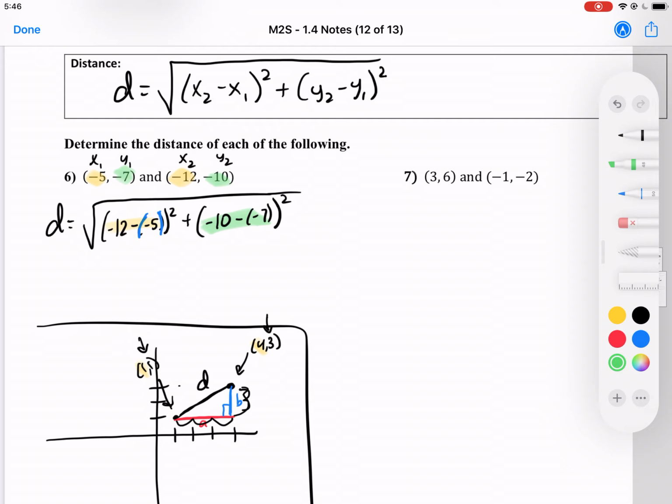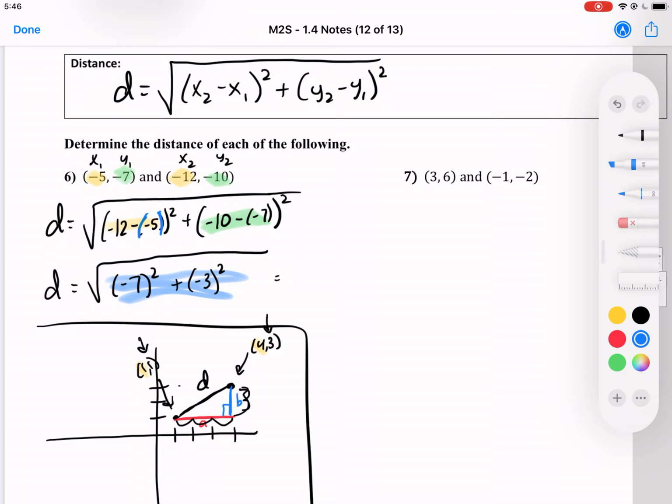At this point, you can do some parts in your head. I would probably just go ahead and use your calculator. But if you wanted to, you could simplify inside the parentheses first. So negative 12 plus 5, which is negative 7 squared. And then negative 10 plus 7, which is negative 3 squared. But at some point, you would want to type this into your calculator. When I type it in, I am just going to type in the inside.